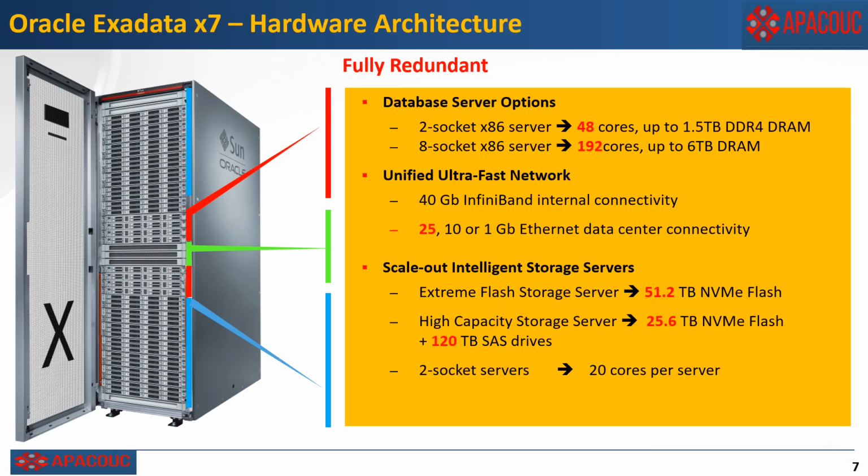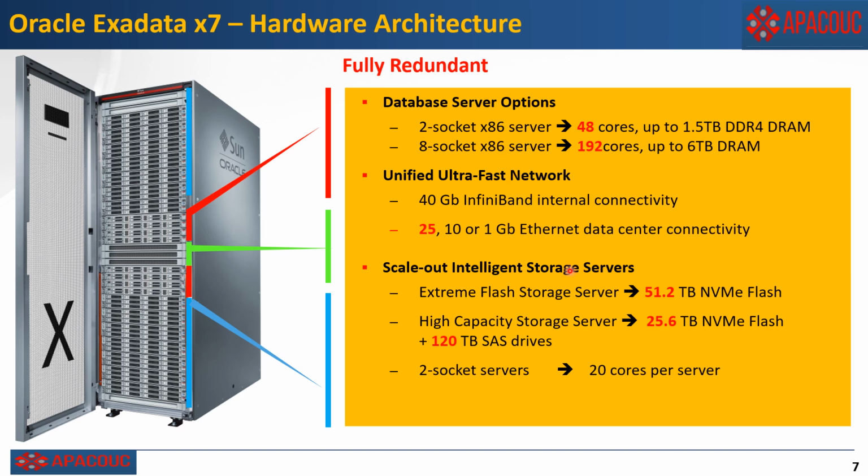We have 2 types of database server options. We have 2-socket x86 server, 48 cores, and the memory can be increased up to 1.5 TB DDR4 dynamic RAM. 4-socket x86 server, 192 cores, and the memory can be increased up to 6 TB dynamic RAM. For internal network, we have 40 gigabit per second, and for public network, we have 25, 10, and 1G ports.